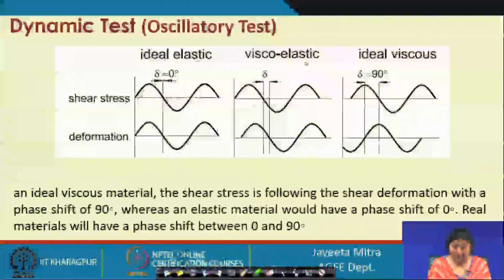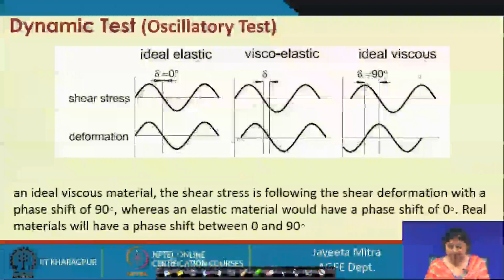Now, for the viscoelastic there will be a phase shift. Okay. So, that delta we can observe. However, for the ideal viscous nature the delta will be 90 degree. Okay.